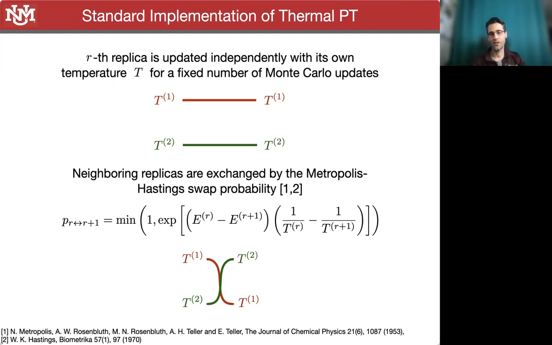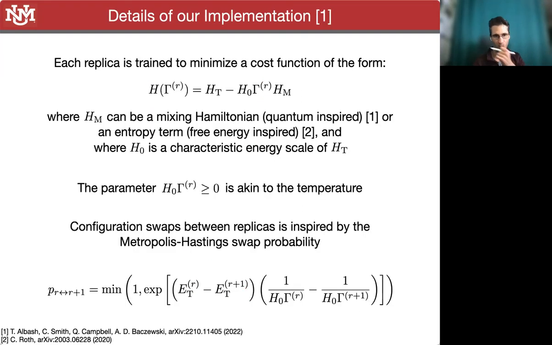So we want to use this as inspiration for how we're going to use parallel tempering in training our RBMs. And this is what we're going to do. Instead of having our different replicas operating at different temperatures, each replica is going to train according to this training Hamiltonian, which is going to be the target Hamiltonian minus a term that we're going to call a mixing Hamiltonian.